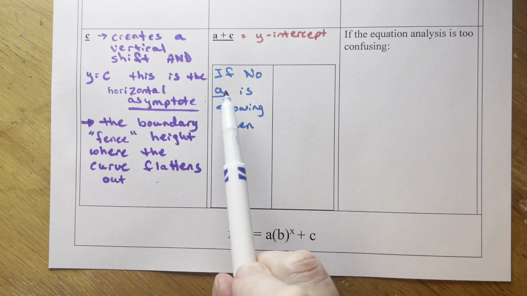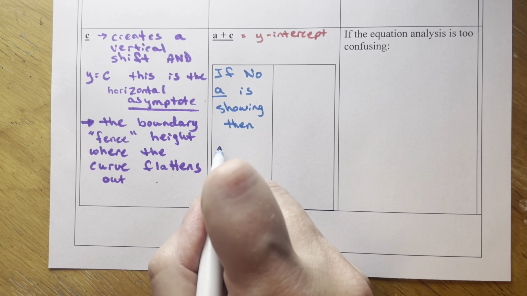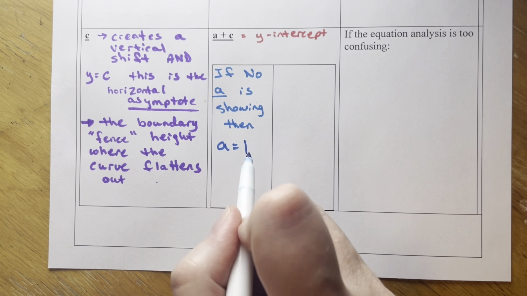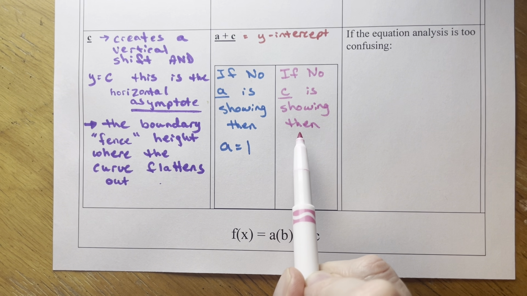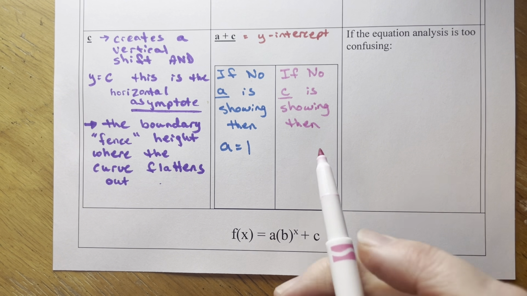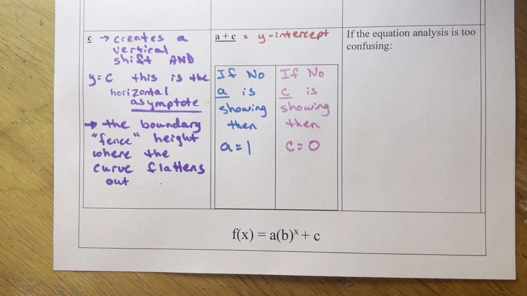Okay, so if no a value is showing, then we know that a is equal to 1. And if no c is showing, then we know that c is equal to 0.